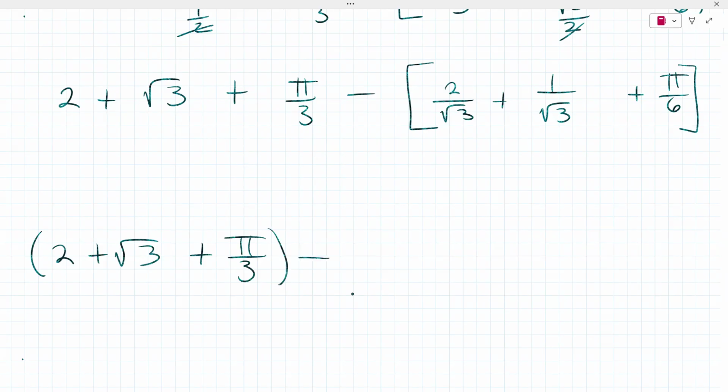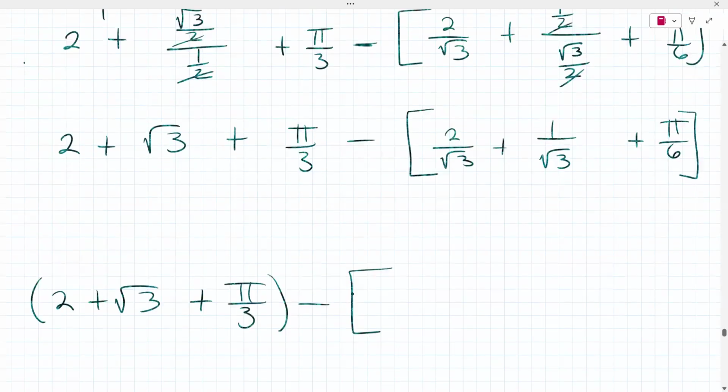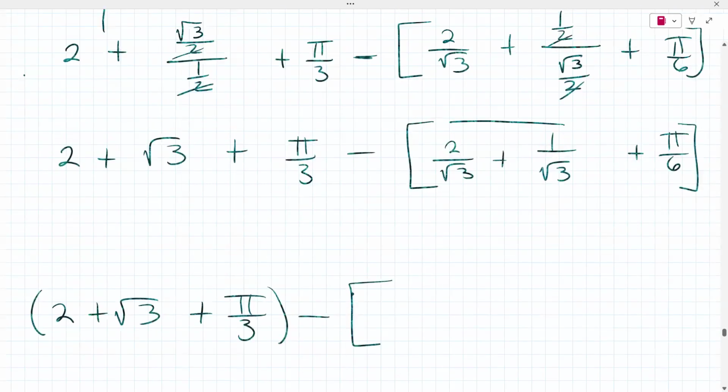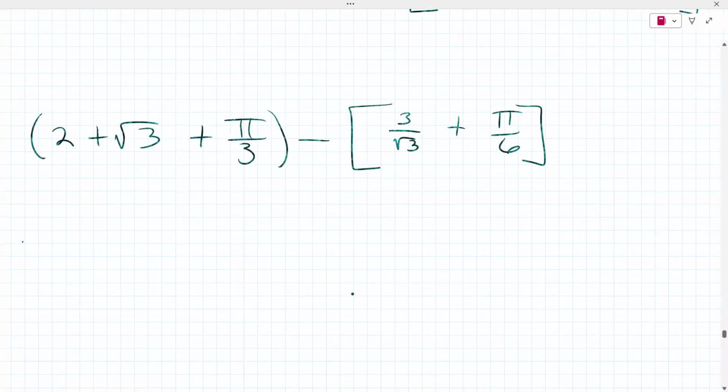You can collect this, so that would be 3 radical 3 plus pi over 6. So yeah, I guess you can clean this up.